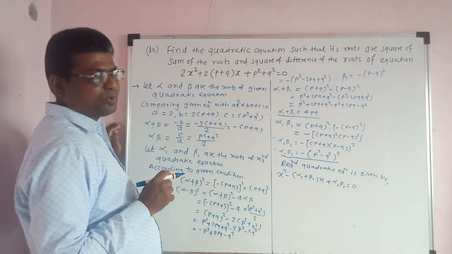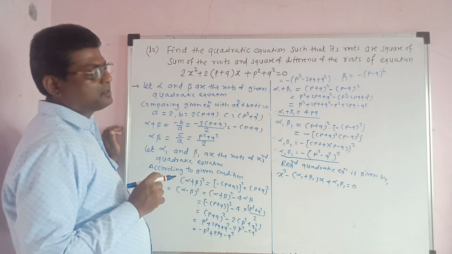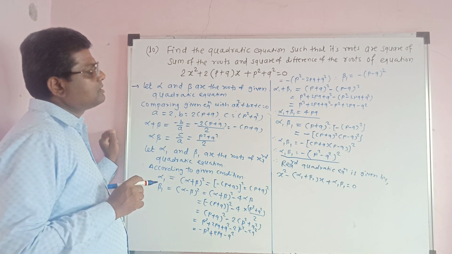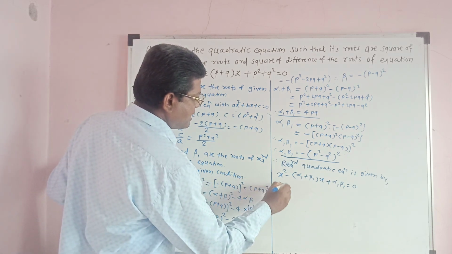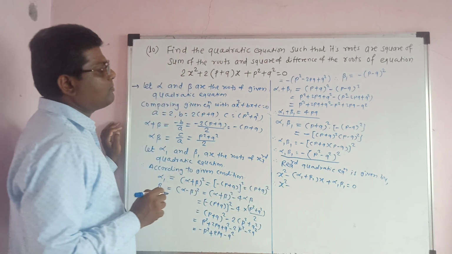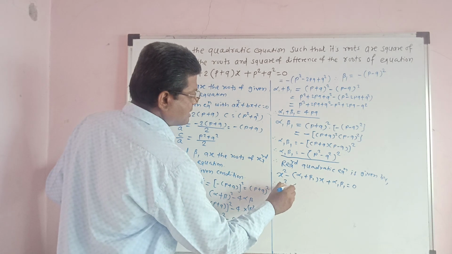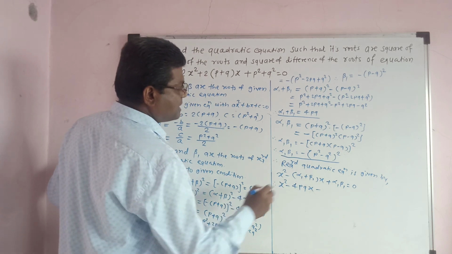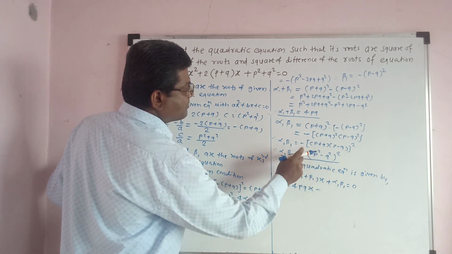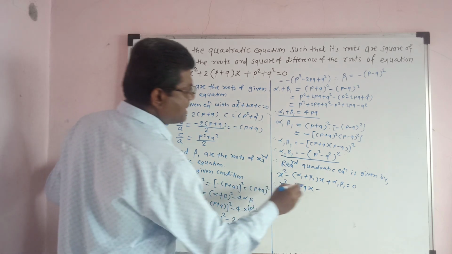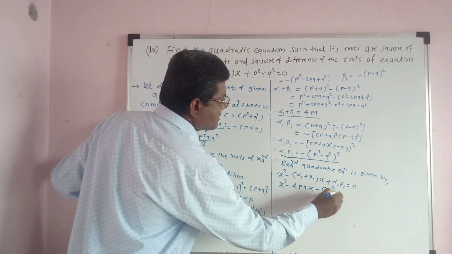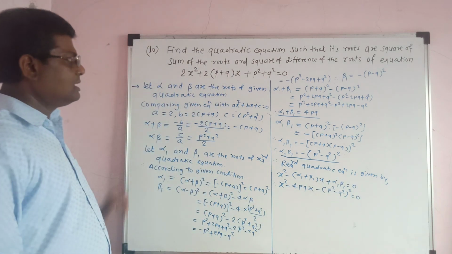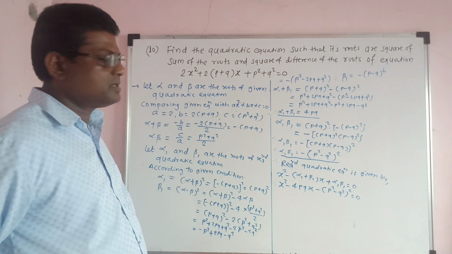This is the formula to form the quadratic equation if the sum of the roots and product of roots is given. Therefore we have x square minus 4pq into x, plus the value of alpha 1 into beta 1, that is minus in bracket p square minus q square bracket square, is equal to 0, which is the required quadratic equation.